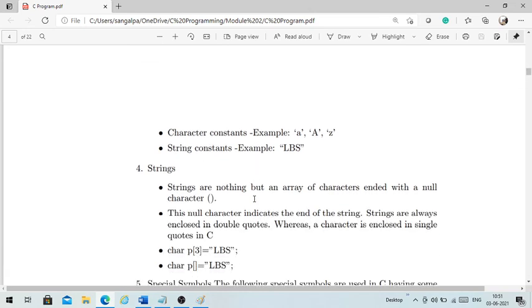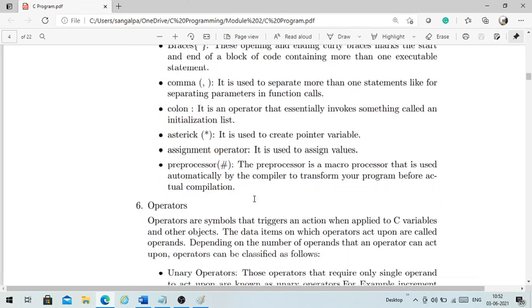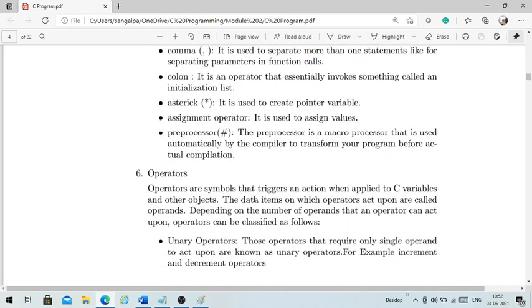Strings are a collection of characters ending with a special symbol \0. Then special symbols are there, a lot of symbols. And then we came to study operators.